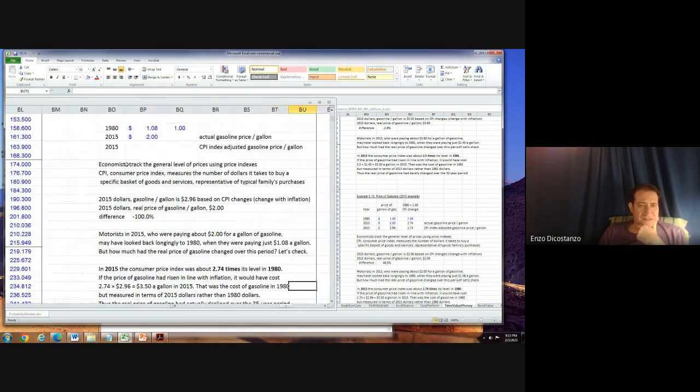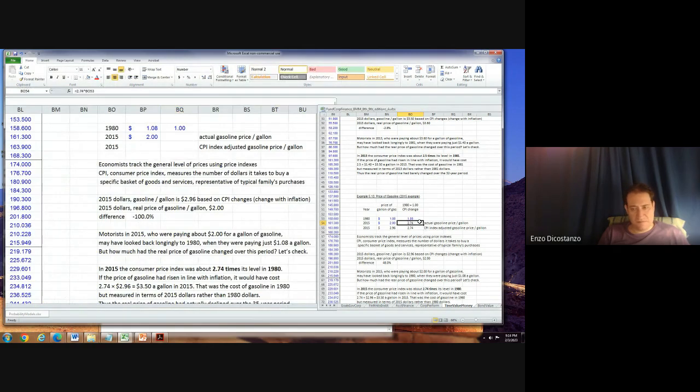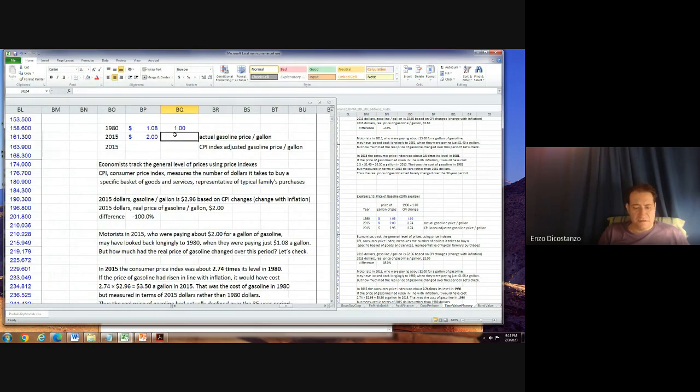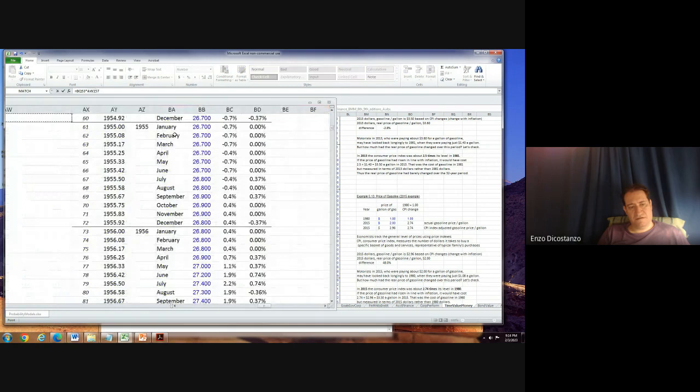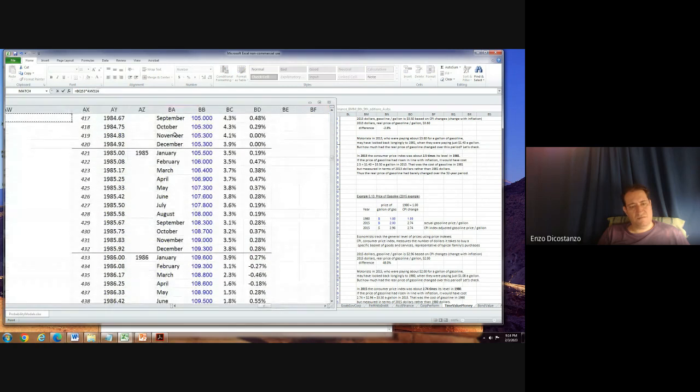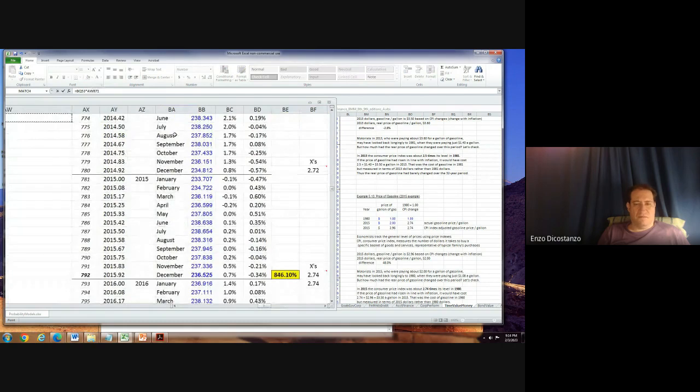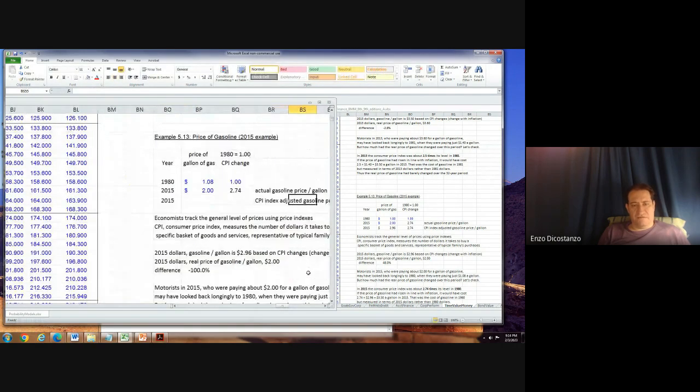So it's good. We see this again. So what does this equal? This equals this times your 1980. And then what you do is you equate that CPI change there, and then you apply it.